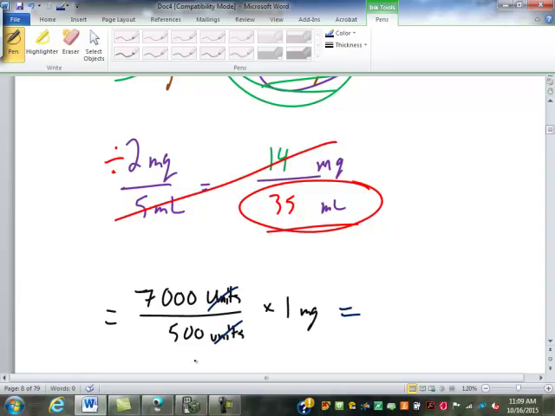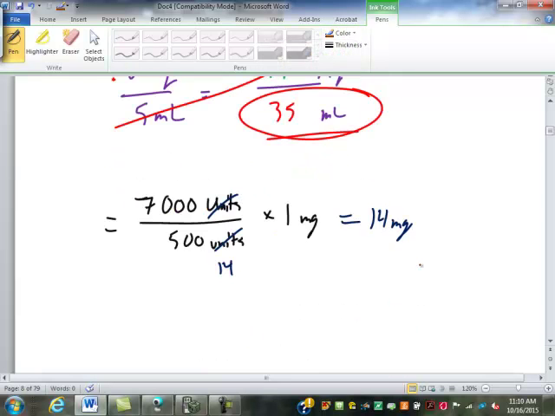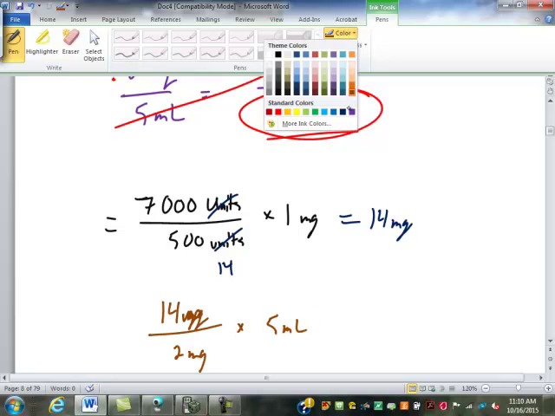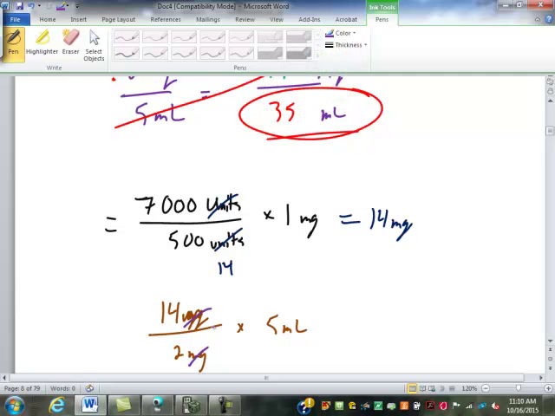That divides out to be 14 times 1 milligram is 14 milligrams. And then you'd have to run the 14 milligrams over 2 milligrams in 5 milliliters. Milligrams cancel. 14 divided by 2 is 7 times 5 is 35 milliliters. So again, really tedious, but it's possible.